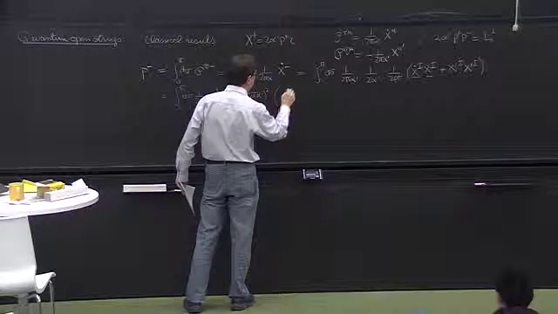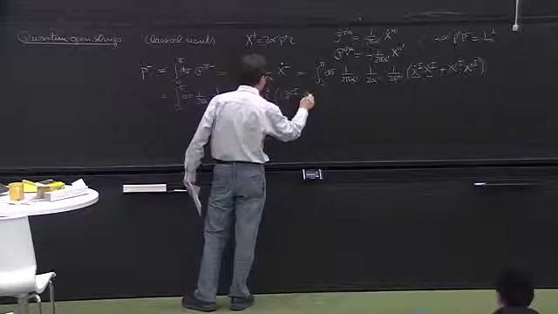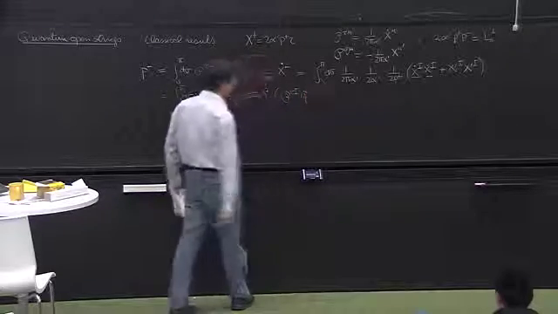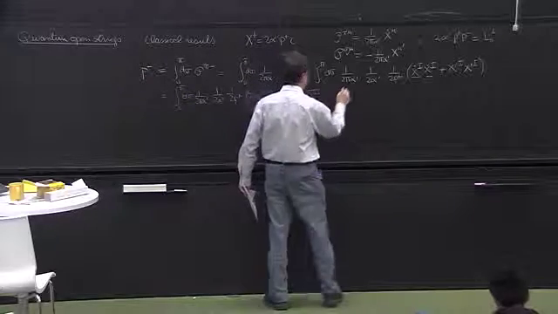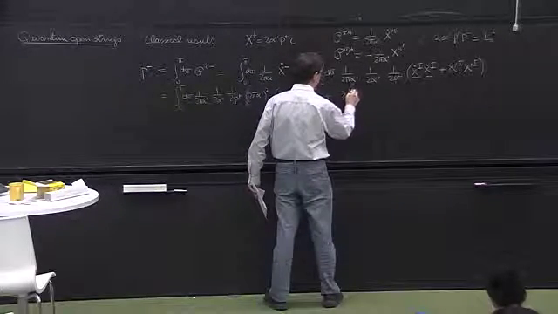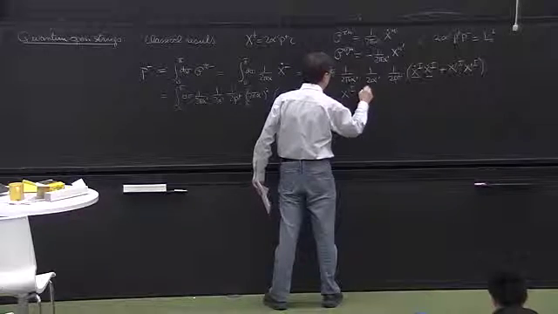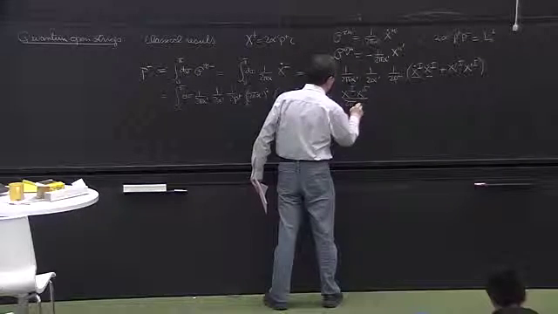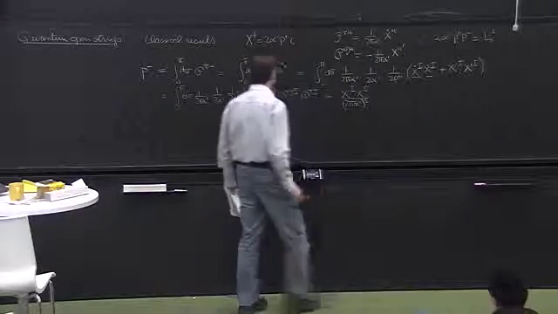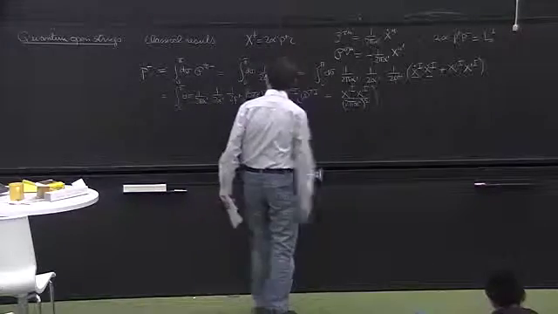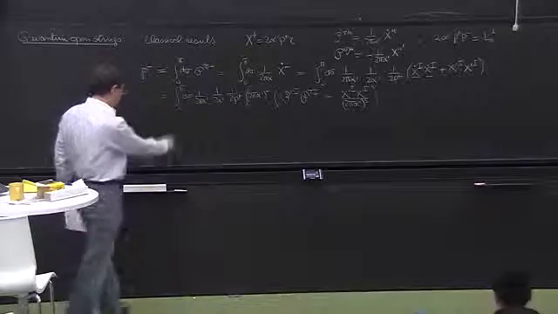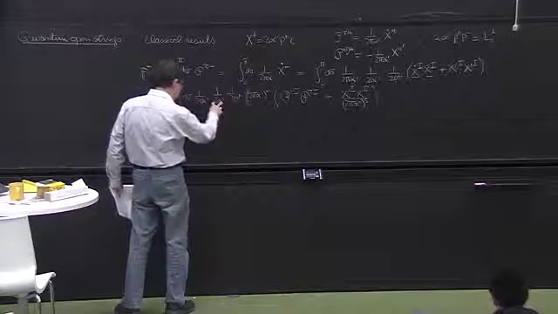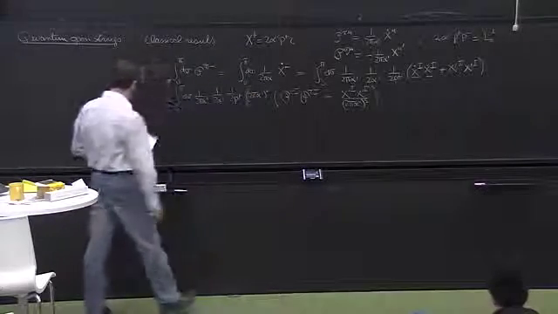And I get here p tau I, p tau I. Now I factor out the 2 pi alpha prime squared, so I get here x prime I over 2 pi alpha prime squared. So now we just cancel 1 over 2 pi alpha prime, 1 over 2 alpha prime, 1 over 2 p plus.